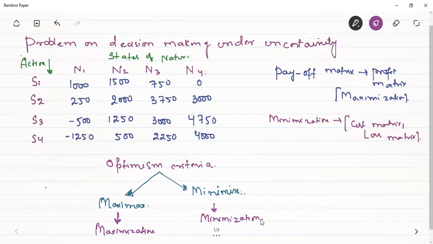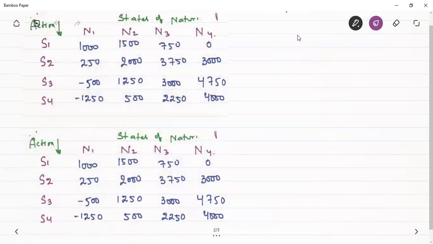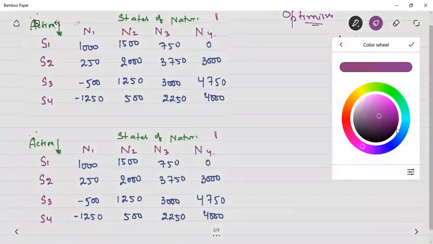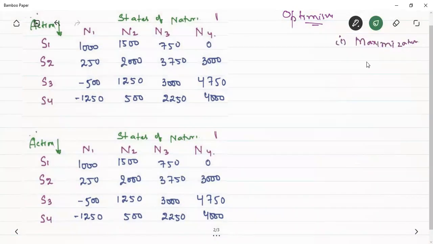So let's solve this problem. If we are solving this by the optimism criterion, in the first case I am considering this matrix to be a maximization problem, that is, a profit matrix.